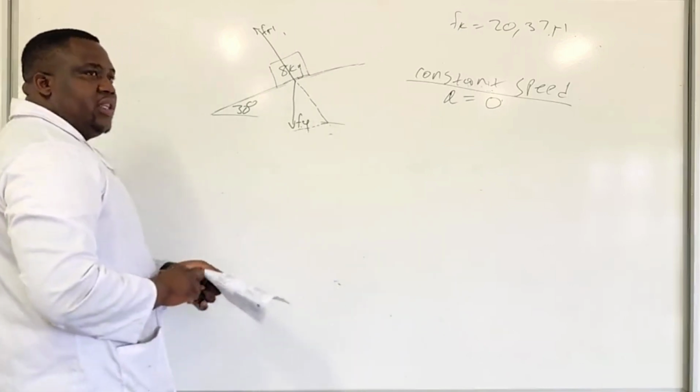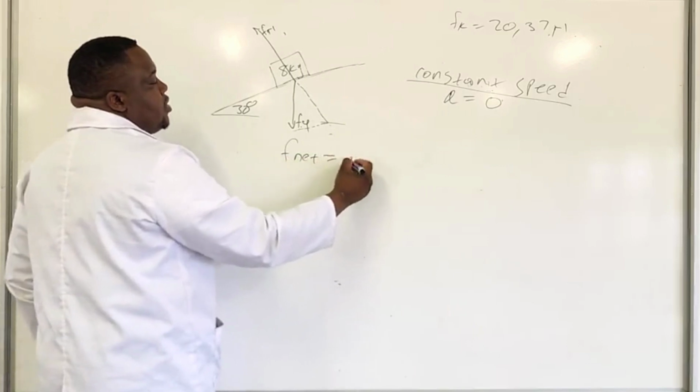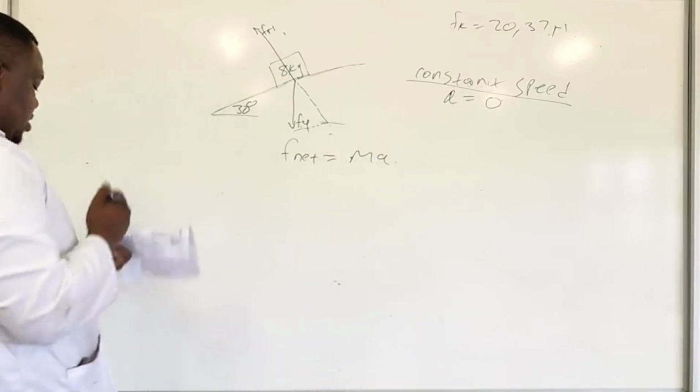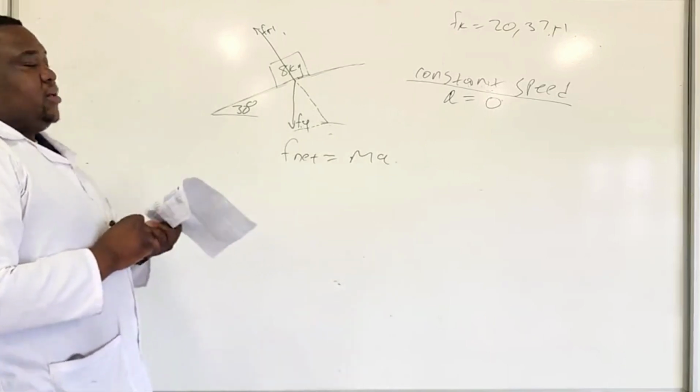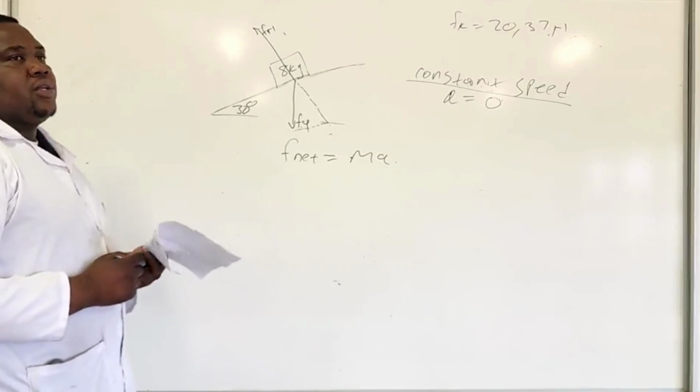So we can still use the very same formula, F net is equal to ma, because it's the only formula in this case which can work that has the acceleration. Equations of motion cannot work.